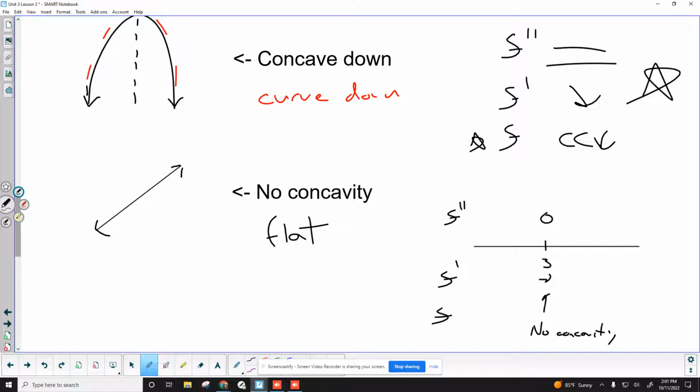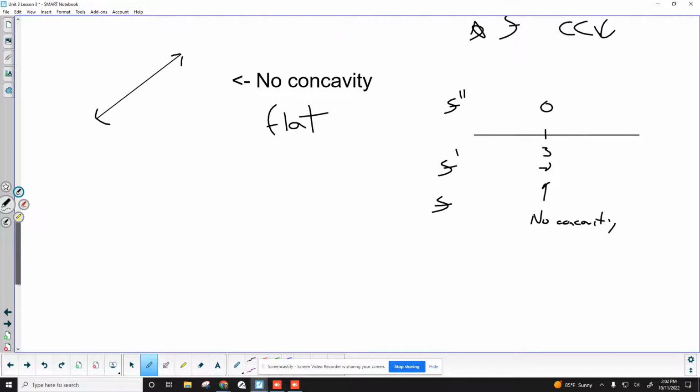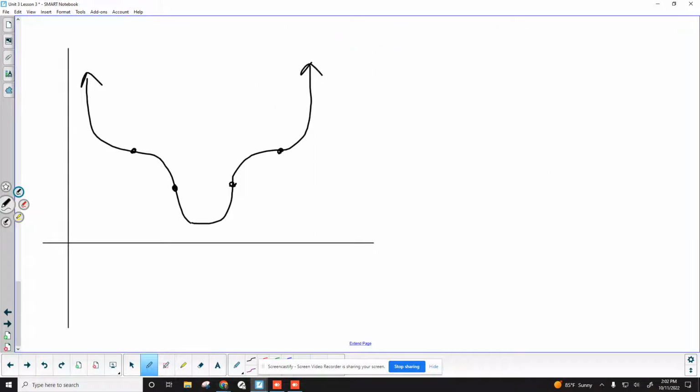A function's curvature changes. To be a good human graphing calculator, you have to understand what this curvature looks like. We have to add another type of analysis to step 2, so that if we find in step 2 that f prime is negative until 3 and then positive, we don't assume f is just going to make a parabola.